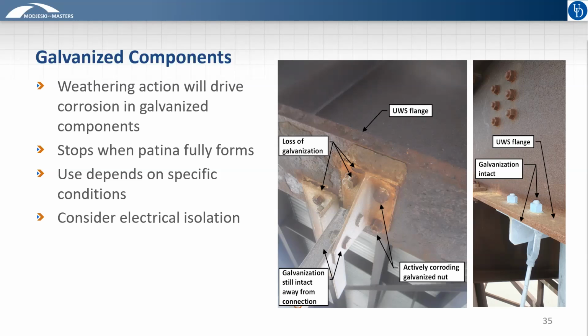So if you have areas that are not going to be frequently wet and you expect good and quick patina formation, then attaching galvanized components directly to the weathering steel shouldn't be a problem. But if you have more exposed areas where it might take longer for the patina to form, then you're going to lose a lot of your zinc coating, and you should consider electrical isolation between the components with an isolation pad or similar.